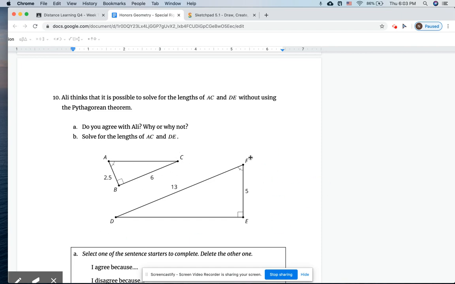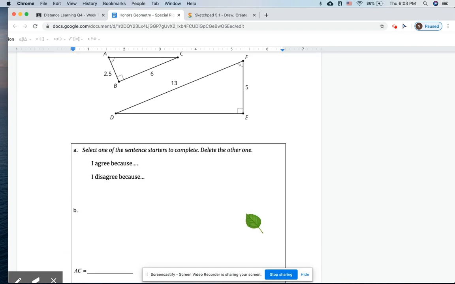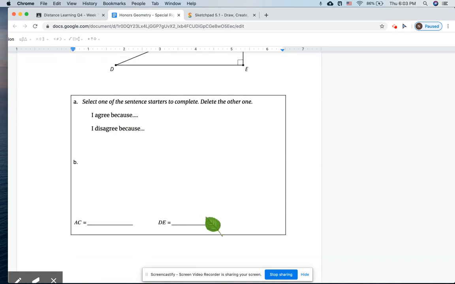And in this right triangle, you're given the hypotenuse and you're given one of the legs. So think about scale factor, think about similarity, and think about whether you really need to use the Pythagorean theorem to answer this question. And show your work here.